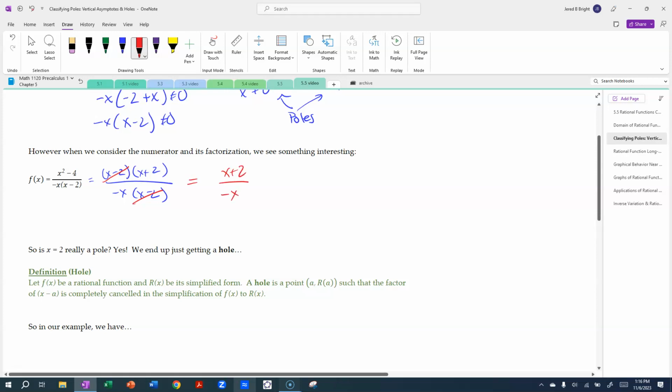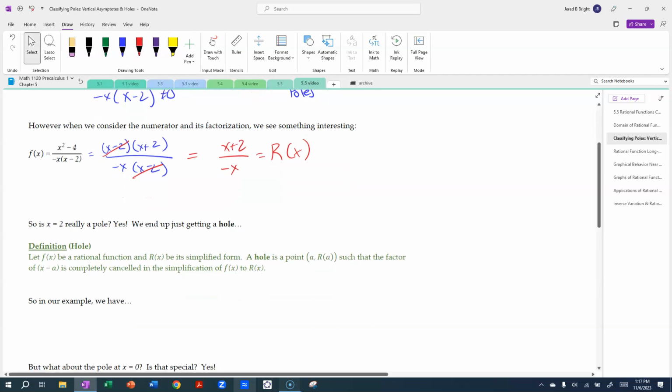The canceled factor, if it cancels out completely, that is a hole. And the resulting simplification, we call r of x, for a reduced function. And so this hole, we know it occurs at x equal to 2.